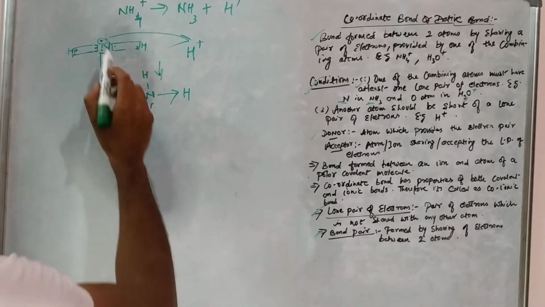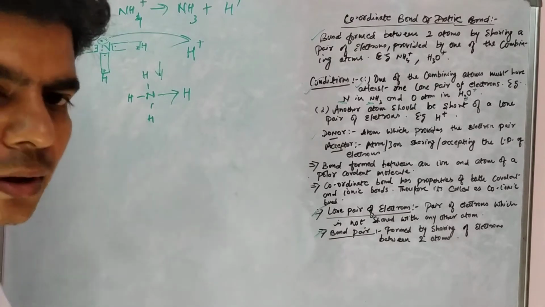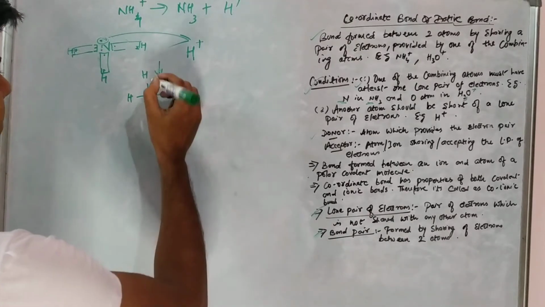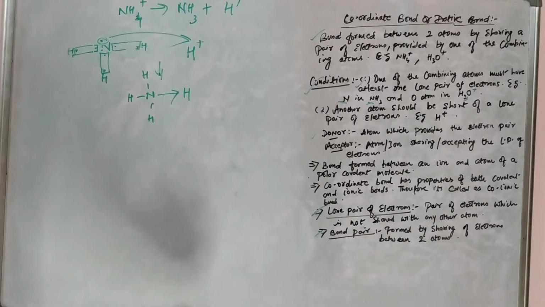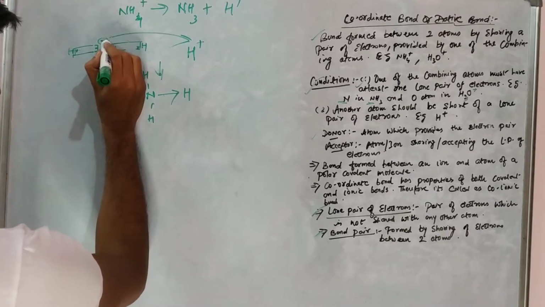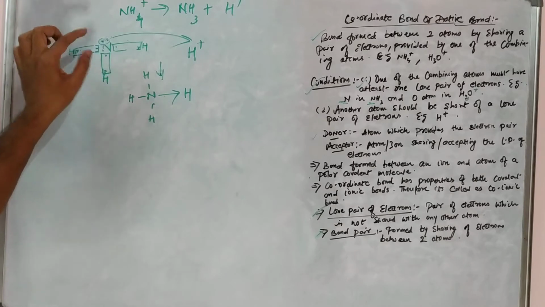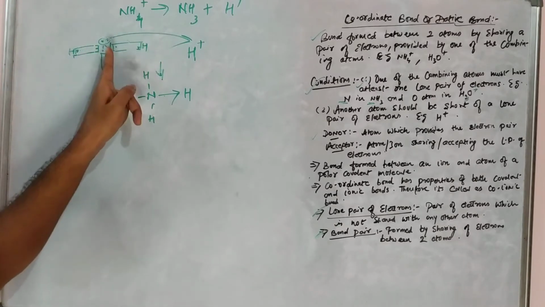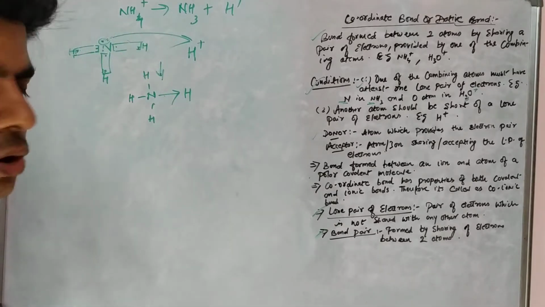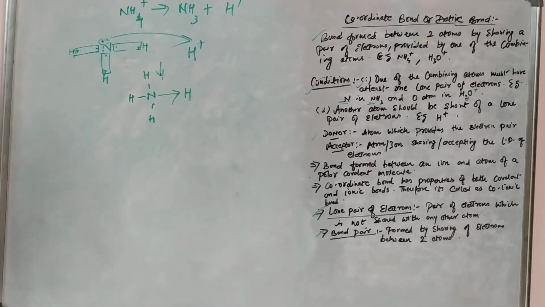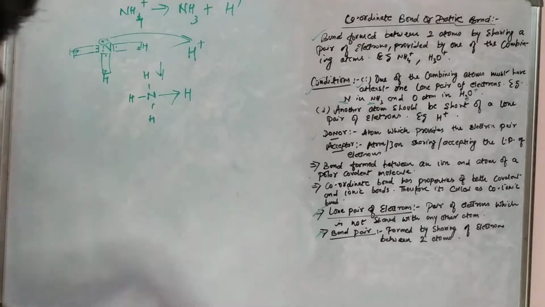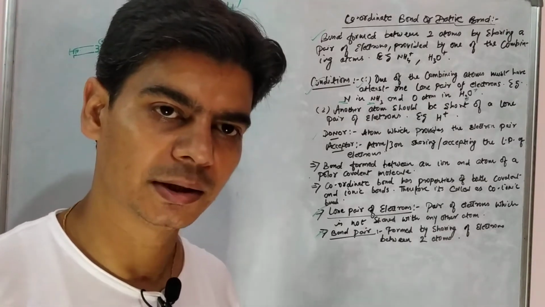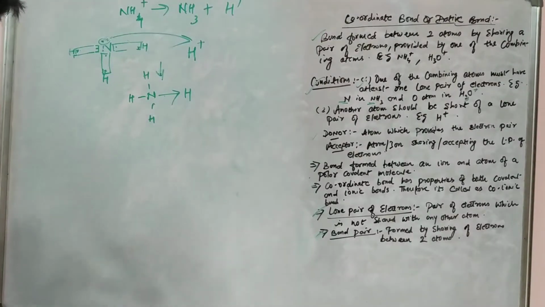So the hydrogen ion has acquired 2 electrons and has become stable, and nitrogen we know was already stable. And this shared pair of electrons would be shared by both nitrogen and hydrogen. Once it is provided to the hydrogen, this lone pair of electrons would be shared by both the combining atoms, that is nitrogen and hydrogen.